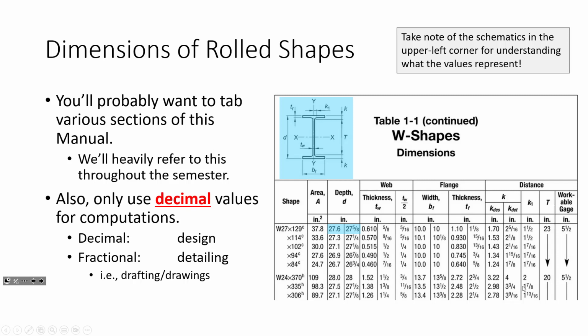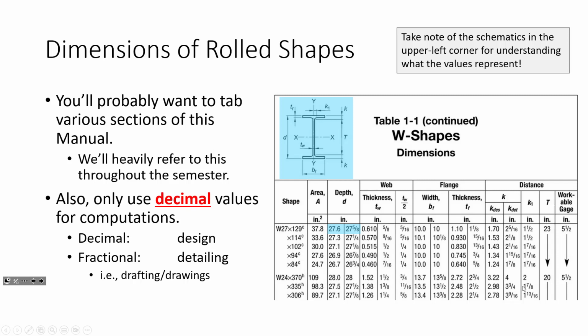In AASHTO, you might see something like BFC or BFT. All that means is the width of the compression flange or the width of the tension flange, but it all means the same thing. So steel design does a really good job of maintaining consistent notation. I think that's worth mentioning.